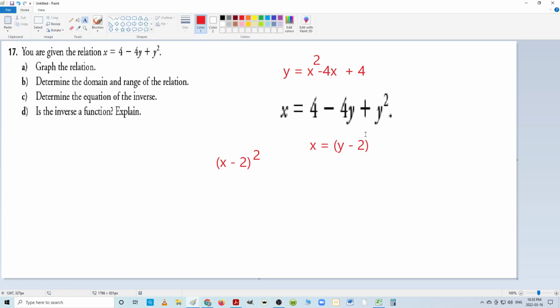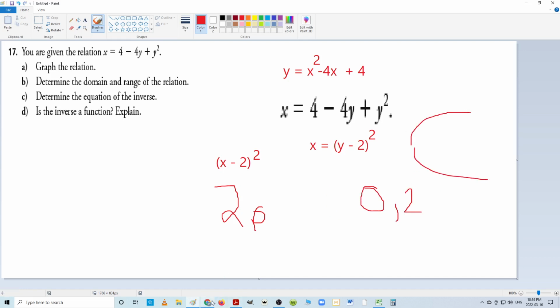You might be confused about how to draw that, and you'd be correct. It's no different than the inverse of this one. Well, this one has a vertex of 2, 0. Therefore, this one, and it might be confusing because the y is there, will have a vertex of 0, 2, and it's going to be sideways like this.